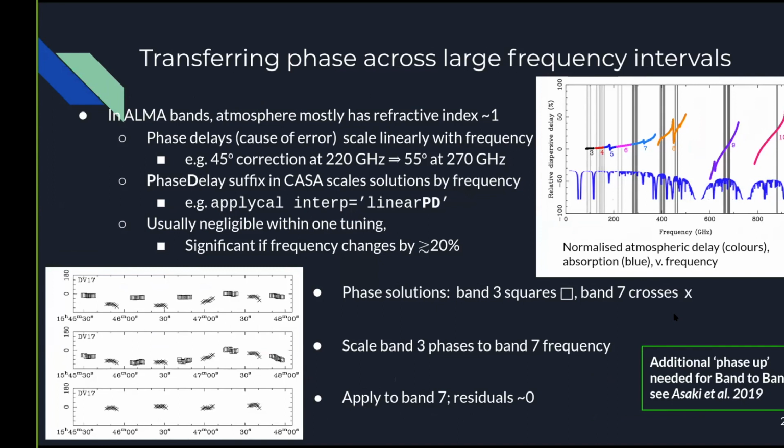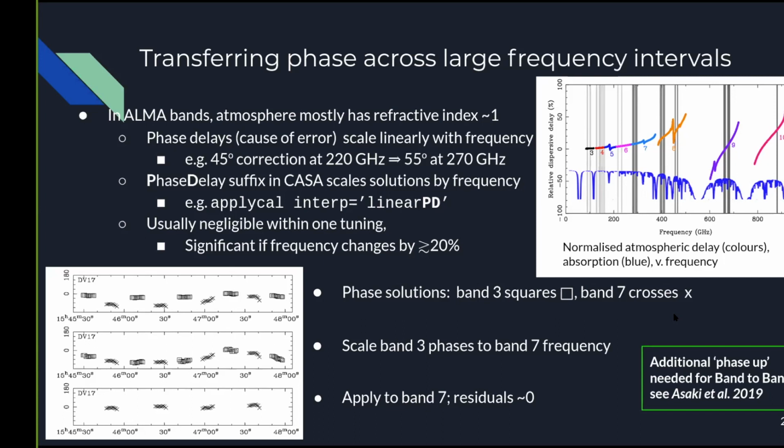And in those situations, the rate of change of phase with frequency is a function of the frequency. And although within the typical 10 to 20 gigahertz of a single ALMA band, and certainly above band 3, the difference that makes is less than 5 degrees. So it's usually less than the best phase error you could hope for.